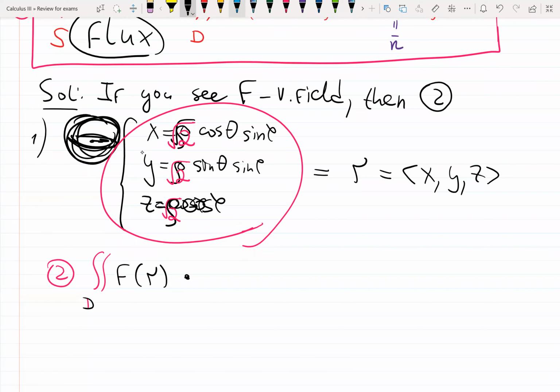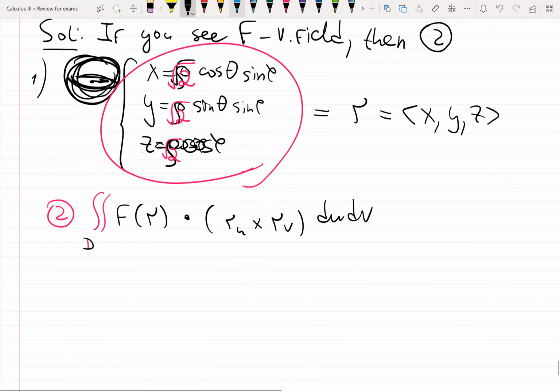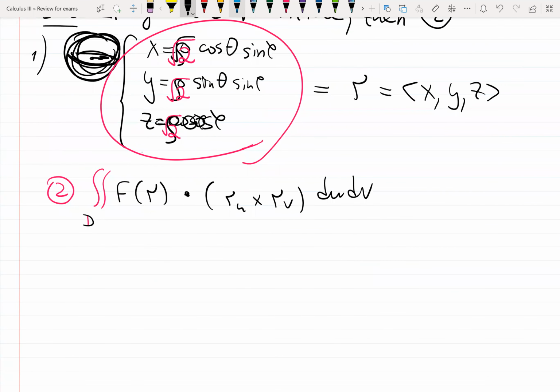Then we will have to figure out the cross product of those partial derivatives to find the normal vector, du, dv. So the sphere also was not in any way restricted. So we know it has complete rotation with theta and complete rotation with phi, from 0 to 2 pi and from 0 to pi correspondingly.